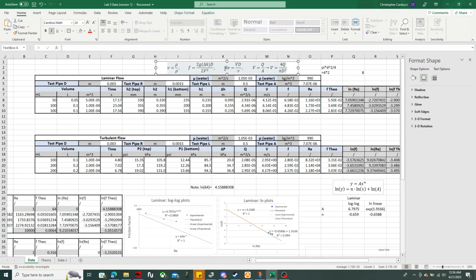Okay, this is something I saw a lot of confusion about. Normally your Reynolds number is given as rho times V times D divided by mu. But in your lab manual, it gives you the values of nu, not mu, right? Nu is the kinematic viscosity of water.